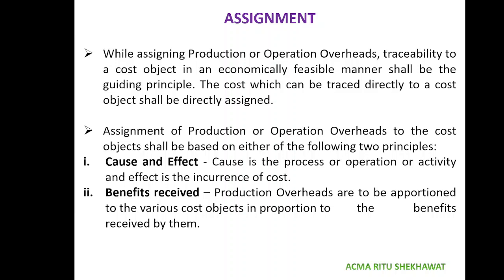I will ask to allocate the entire expenditure to that particular cost object. And for benefits received, the production overheads are to be apportioned to the various cost objects in proportion to the benefits received. Whichever cost object receives the maximum benefit out of a particular expenditure, I will ask to allocate that overhead to it based on the benefits received.